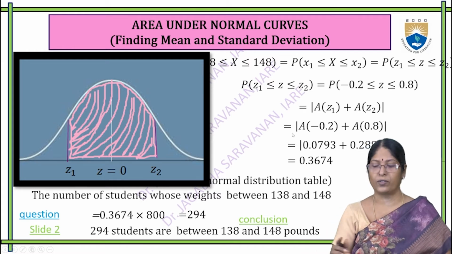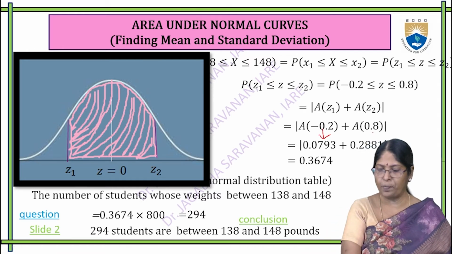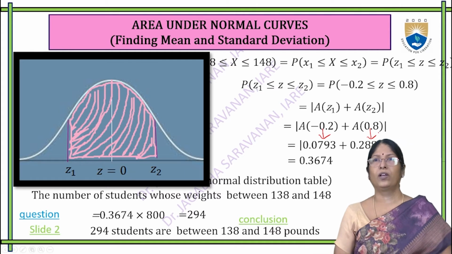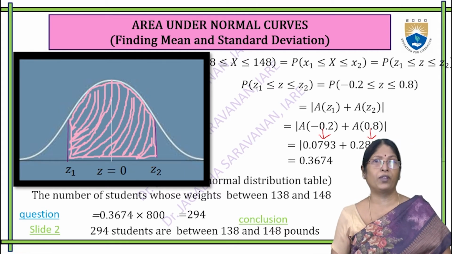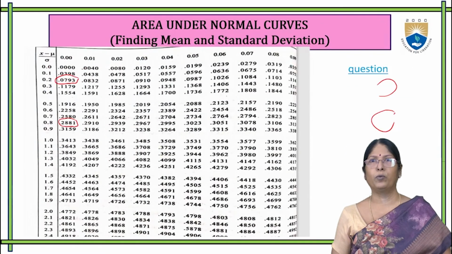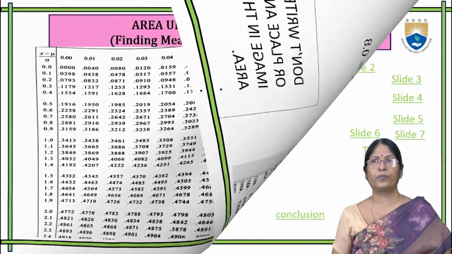Here we can see very clearly, it is replaced. So we have completed one problem: if mean and standard deviation are given, how to do it. We will move to the next problem now.